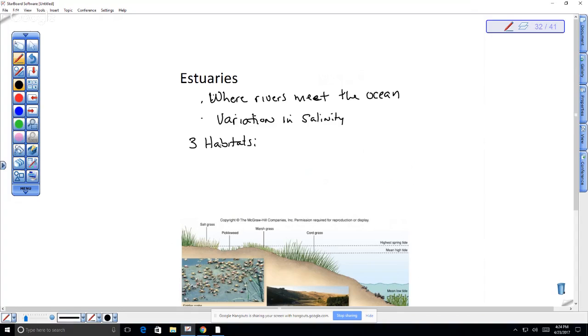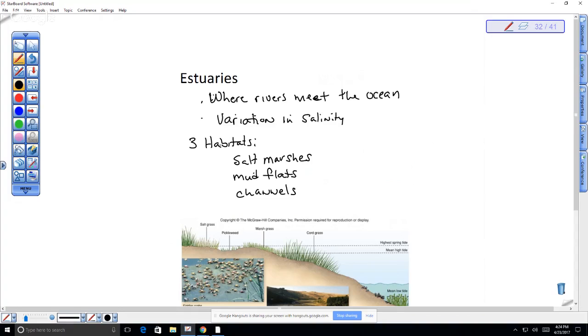So we have what are called the salt marshes. And this is where grasses can survive. And in the salt marshes, they actually get rid of the excess salt. So that's the salt marshes. And then we have the mud flats. Right? And then we have channels. Okay.